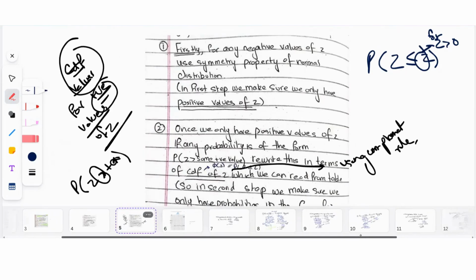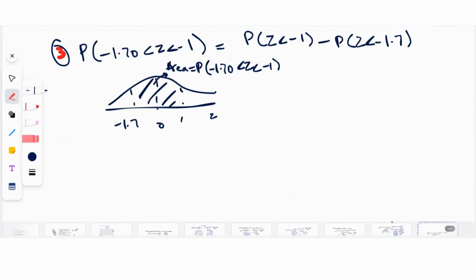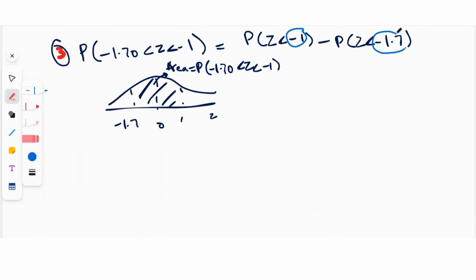If we go back to what we're finding, we can see we have negative values of z. So whenever we're finding probabilities for a standard normal random variable and we have negative values of z, first off, we use the symmetry property.